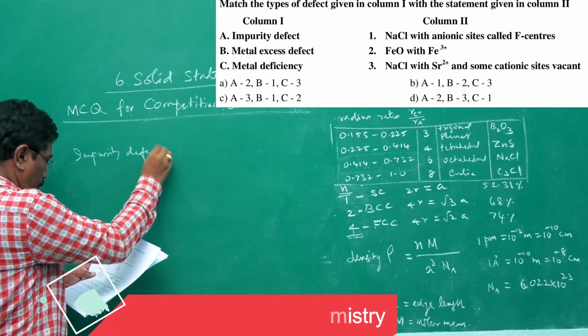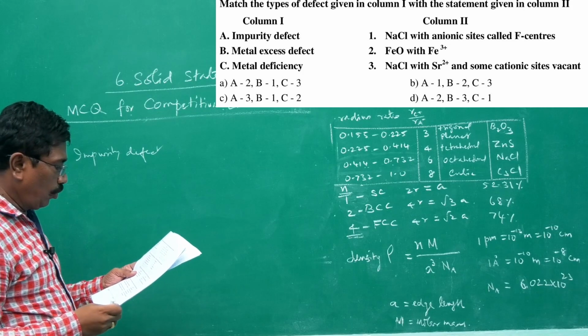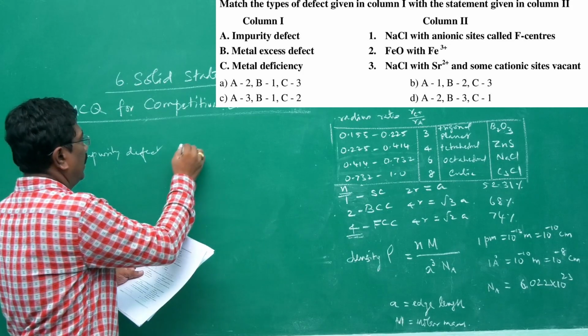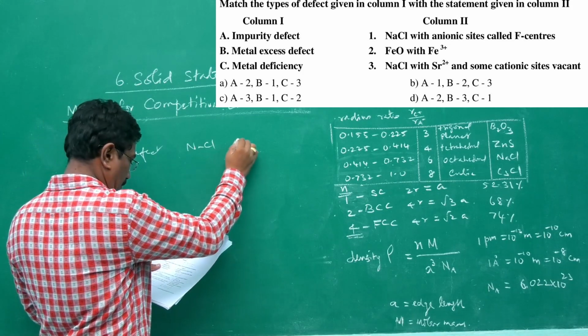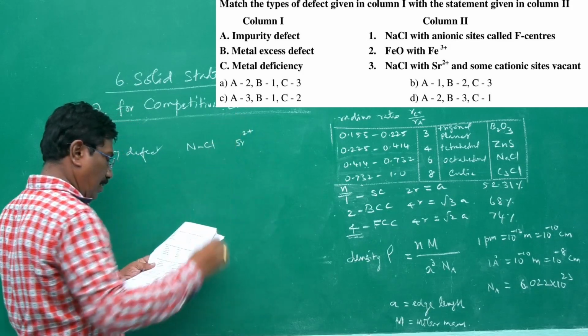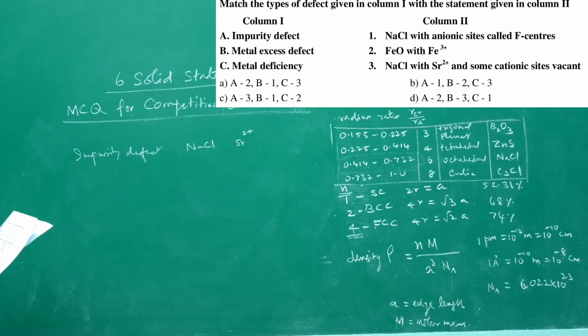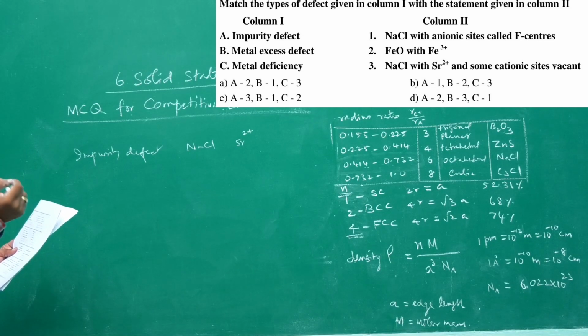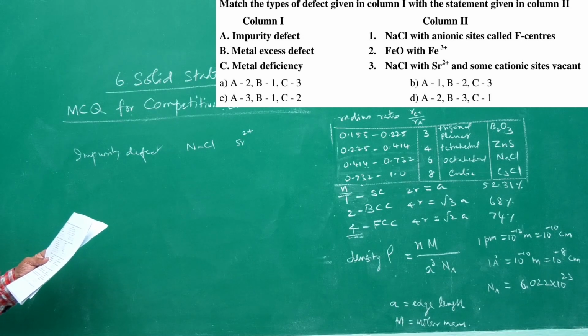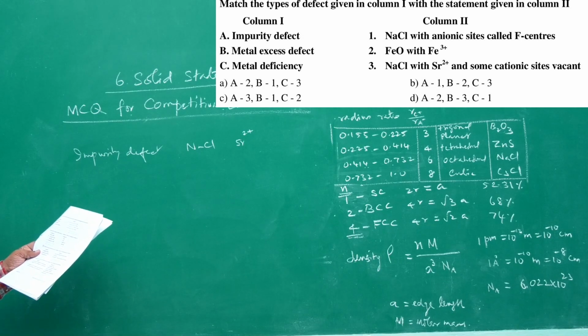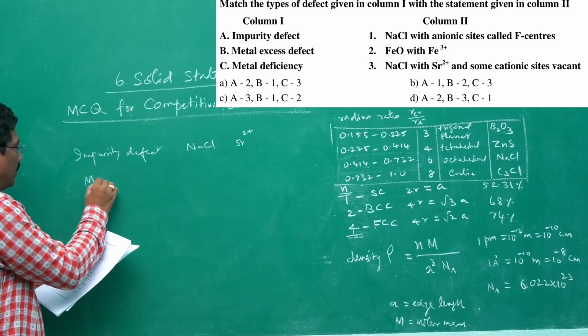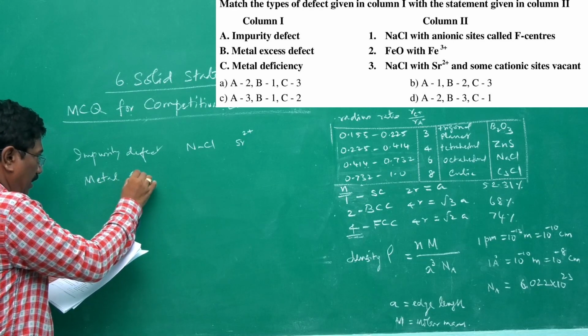Impurity defect is due to sodium chloride with Sr2 plus and some cationic sites vacant. It is because of Sr2 plus getting in, the Na plus will leave to balance the charge. So it is due to impurity defect. Then metal excess defect.